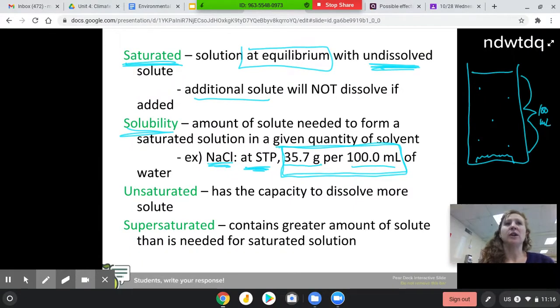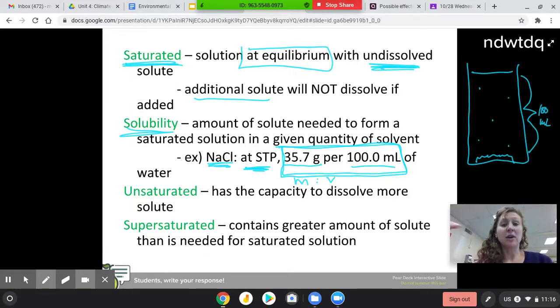Obviously, if you're comparing a swimming pool to a glass of water, you're going to be able to get a different mass to dissolve, which is why it's communicated as a ratio of mass per volume, right? But it's a specific mass. If we're talking about the solubility of sodium chloride per 100 milliliters, I can tell you that you can dissolve 35.7 grams into that glass of water.